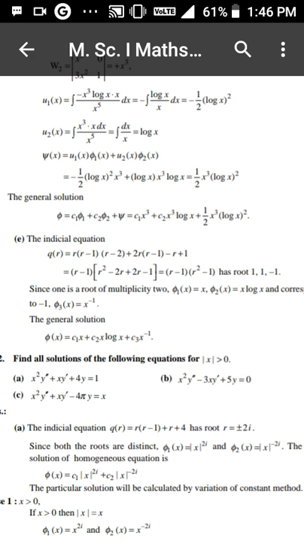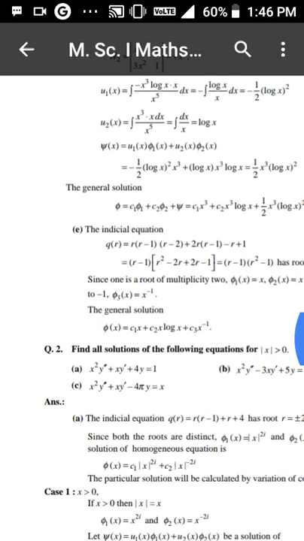Since 1 is a root of multiplicity 2, phi 1 of x equal to x, phi 2 of x equal to x log x, and corresponding to minus 1, phi 3 of x equal to x raised to minus 1.